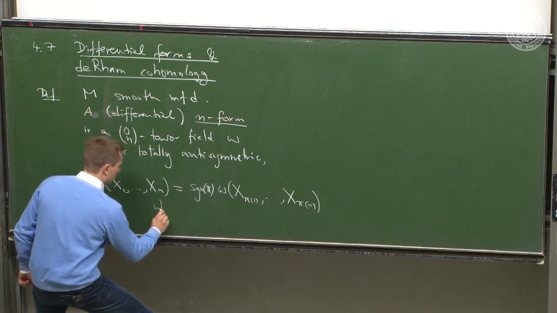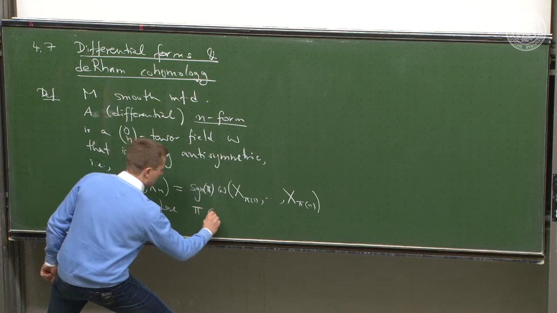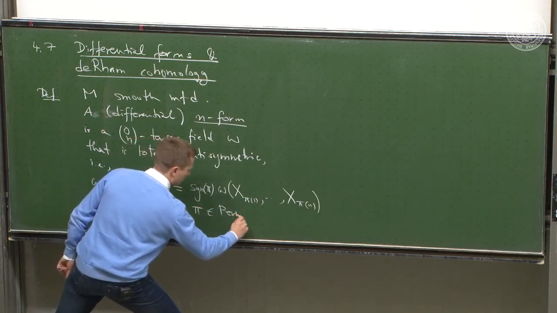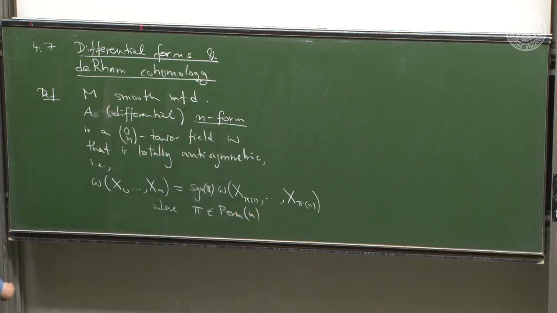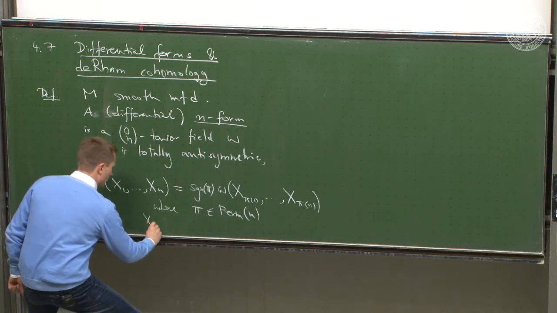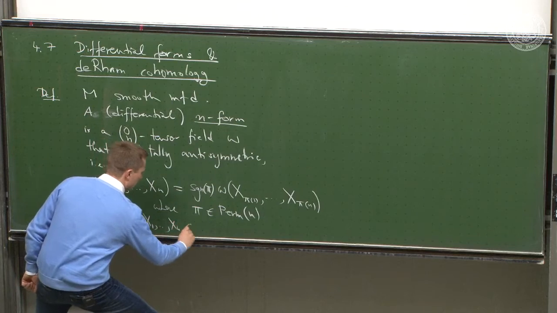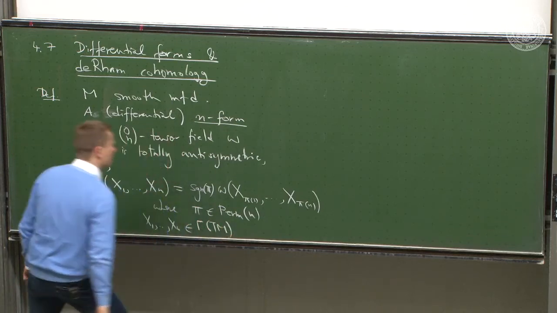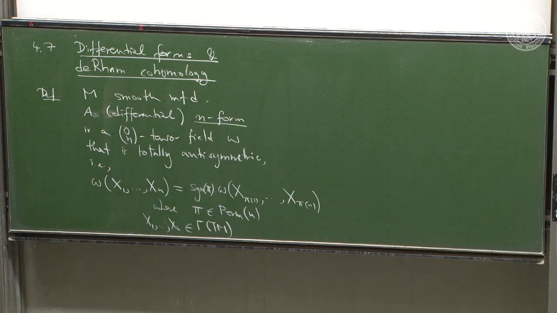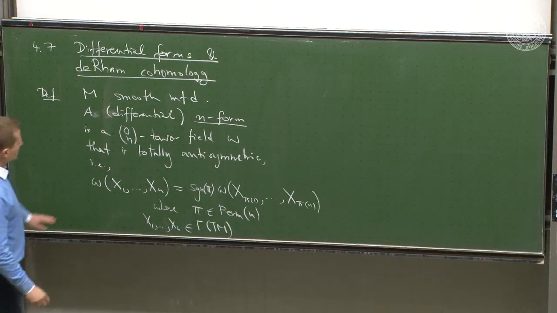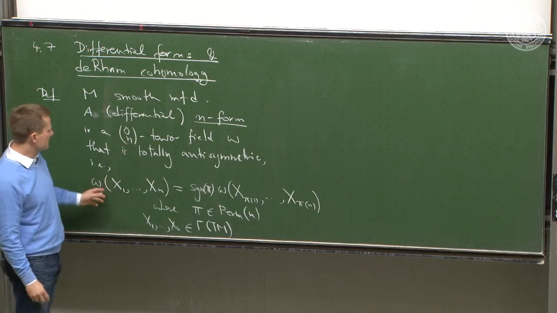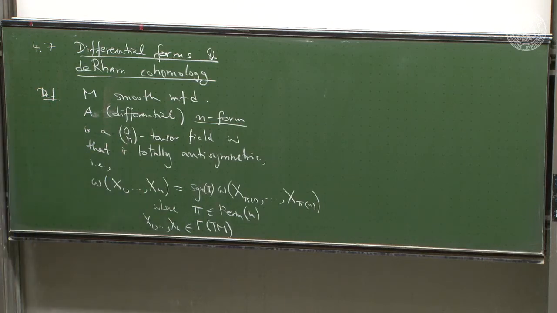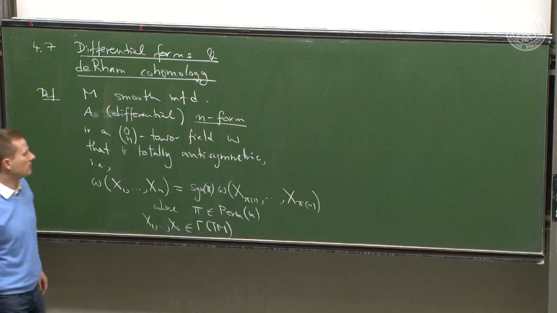Here pi is a permutation of the first n numbers, and X1 to Xn are all vector fields, so they're smooth sections of the tangent bundle. Any such (0,n) tensor that has this total antisymmetry property is called an n-form.